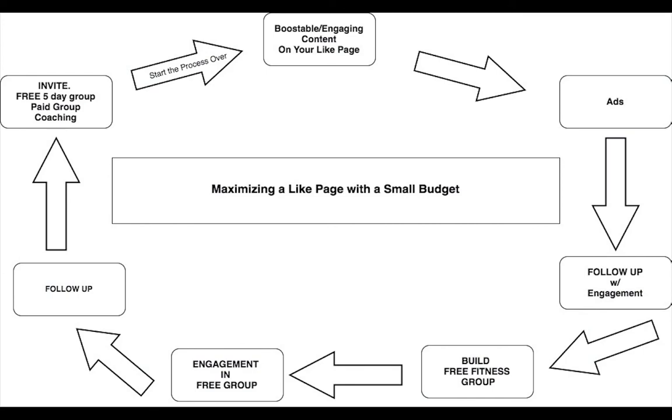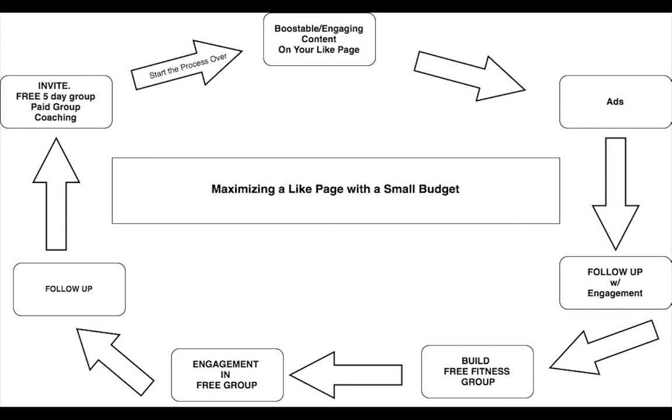Sometimes it could be that you're not sending enough follow-ups or invites. But if you can drill down, you can self-diagnose when you need to. You can also look at it and say, look, I'm killing it with ads, but maybe if I could just ramp up the follow-ups or the invites, this cycle would work a little bit better.